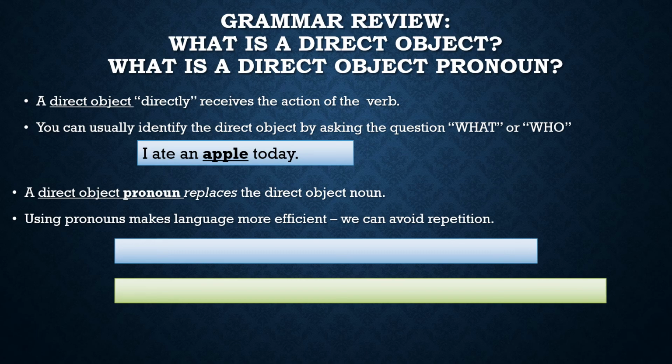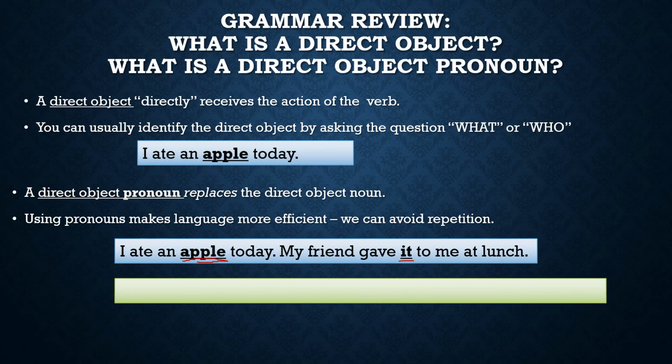The apple was delicious, right? And then I'd have to repeat apple, apple, but that's a little repetitive. So we have our handy direct object pronoun, it, that is replacing the direct object noun, apple.